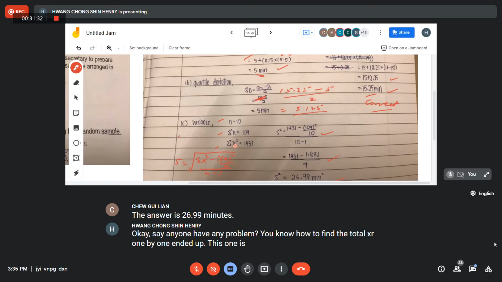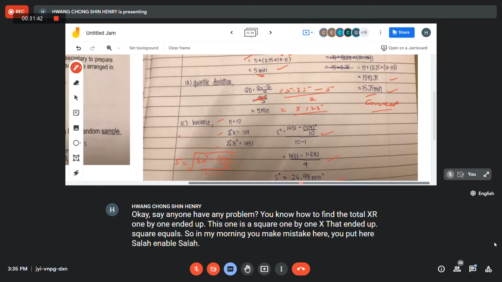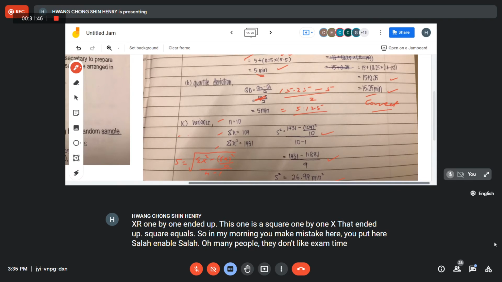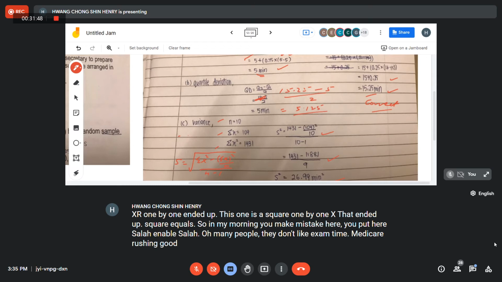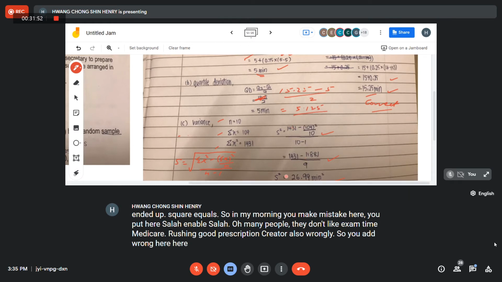This one is x square, one by one square it first, then add it up. In the morning, anyone who made a mistake here, this one is also wrong. Many people, exam time panic rushing, press calculator also wrongly. So you add wrongly here wrong, here also wrong. Keep on minus marks.